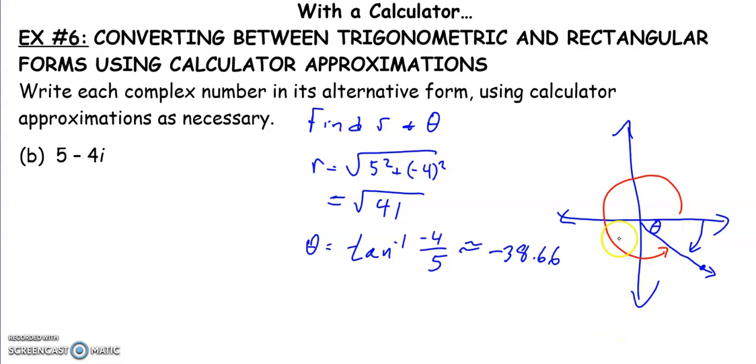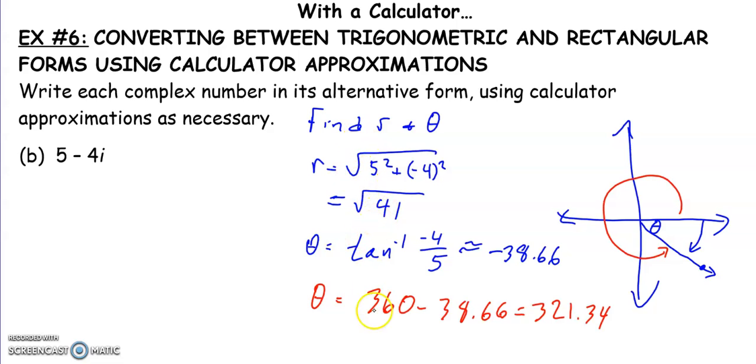To find the actual theta, because that's just a reference angle, we're going to say theta equals 360 minus 38.66, which gives me an actual angle of 321.34.